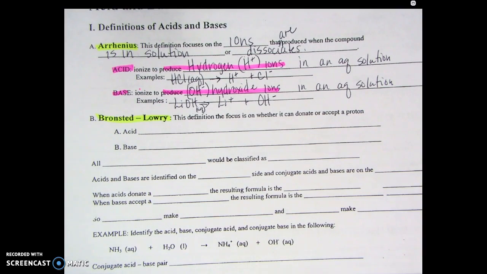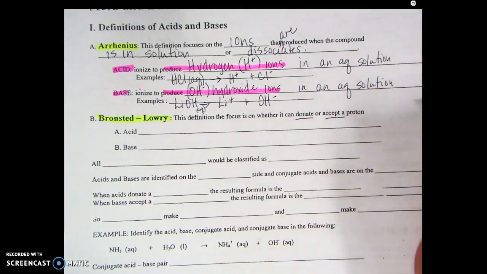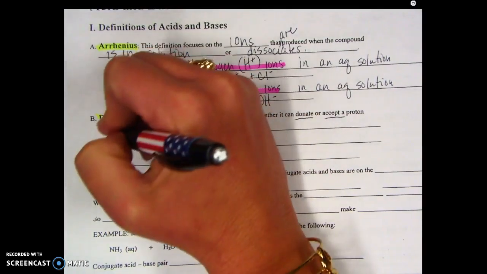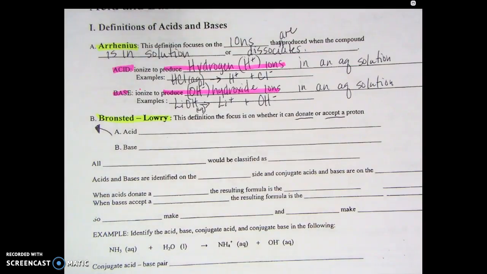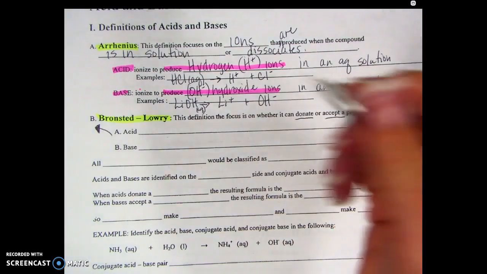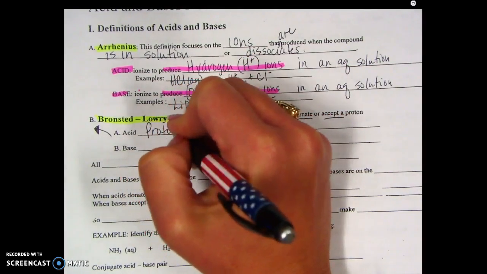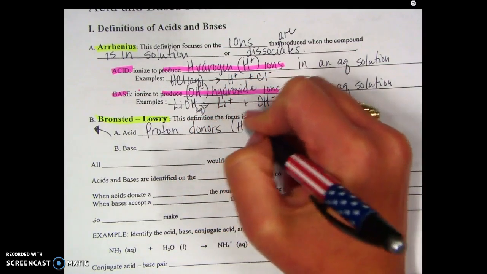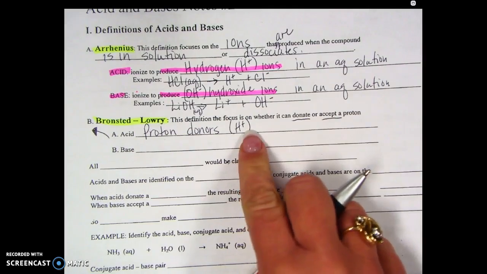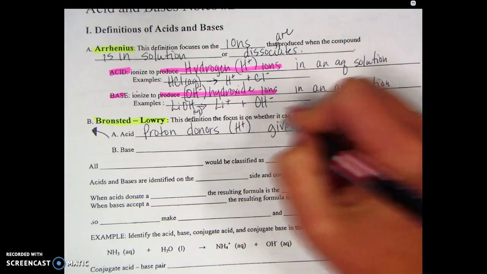So the Bronsted-Lowry definition focuses on whether it can donate or accept a proton. Acids donate. I draw an arrow to remind myself that acids get rid of or donate a proton. So these guys are called proton donors. They're going to get rid of one hydrogen. It gives it away.